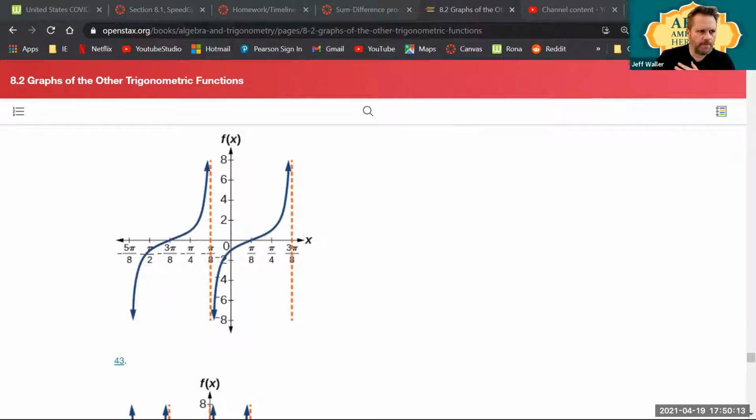So, guys, where does tangent normally live? I love asking that kind of question. Like the base tangent, it lives between what and what? Negative 1 to 1? No. Oh, I see what you're talking about, but definitely not.